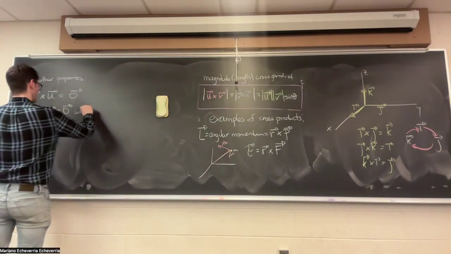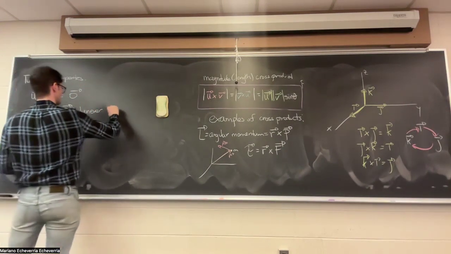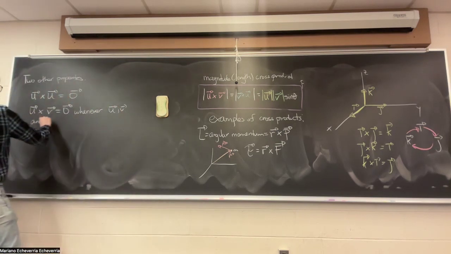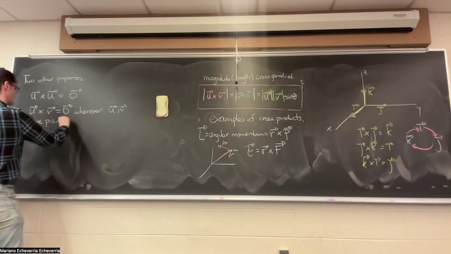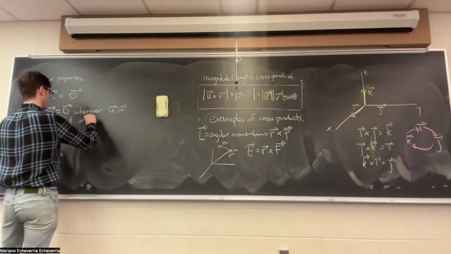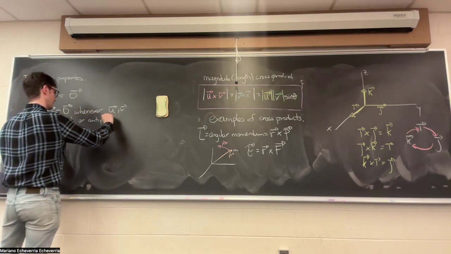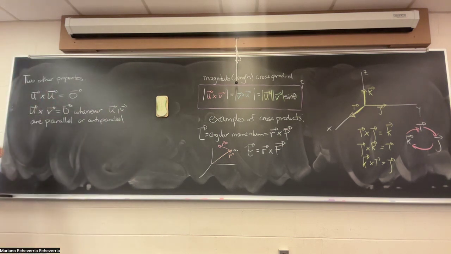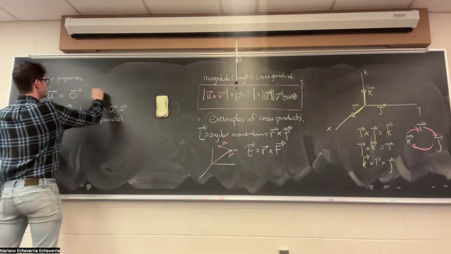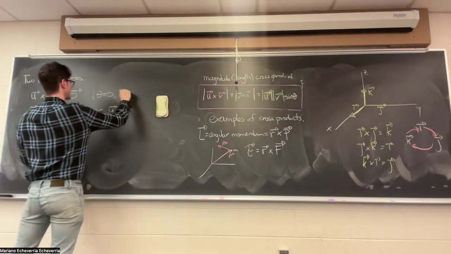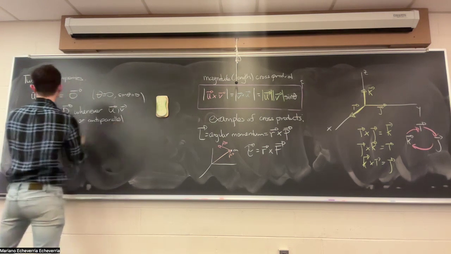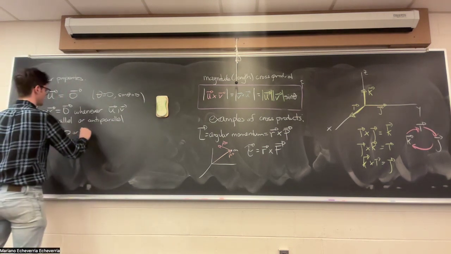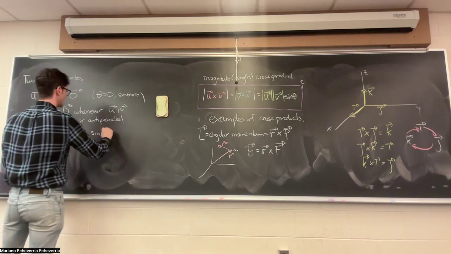Here the angle theta is zero, and sine of theta equals zero, and in general the angle theta is either zero or pi, and sine of zero is the same as sine of pi.